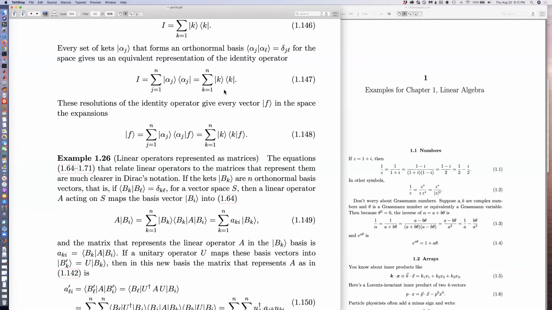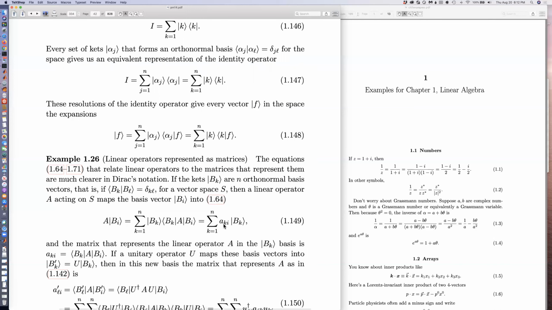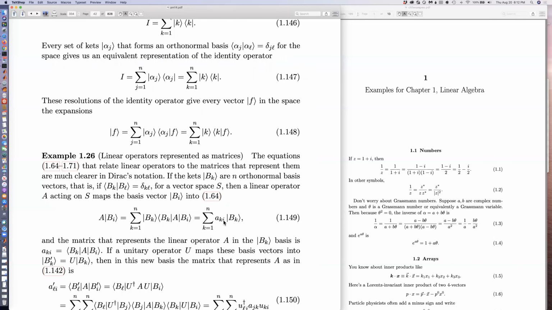We'd have a double sum, a sum over k and a sum over l, and then something in between depending on k and l. But because it's the identity operator, this is just effectively the Kronecker delta. And A sub ki means the kth row and the ith column of the matrix A is this number, b_k A b_i.